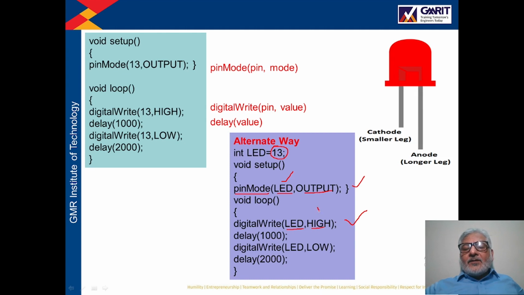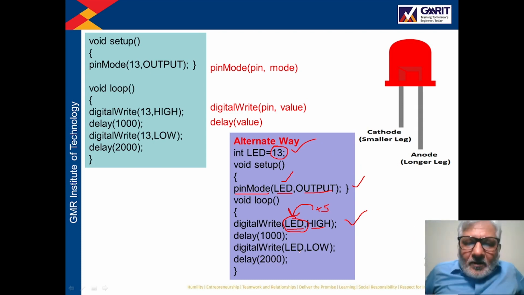So plus 5 volt will be generated from the LED pin. And what is LED? Already we declared it as pin number 13. So pin number 13 will generate 5 volt. Now you come to the next statement, digital write LED comma low. So here 0 volt will be assigned to LED, right?